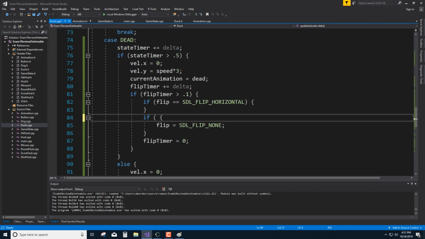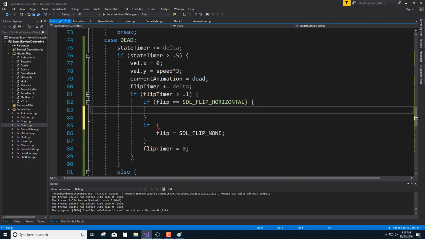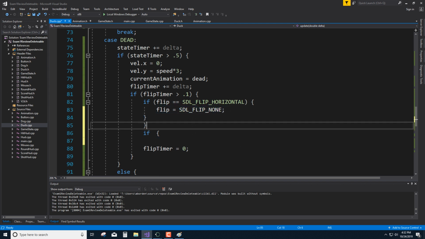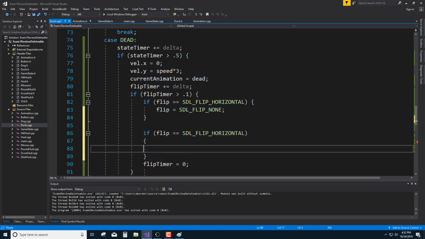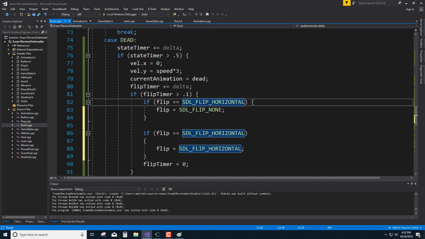So I think I'll have to say if it's flipped horizontal, the flip equals flip none, and then if it's flip none, we go flip horizontal. No, this should be none.